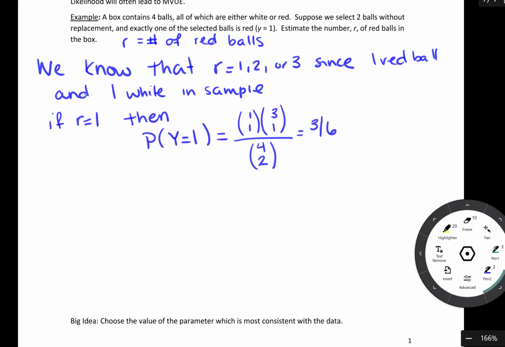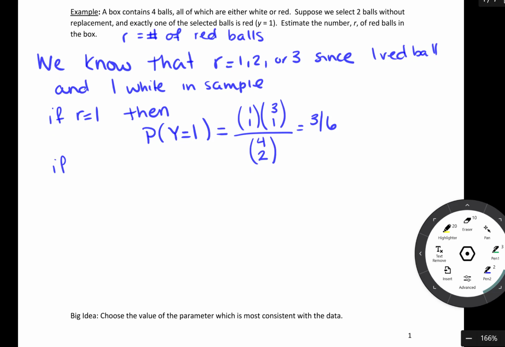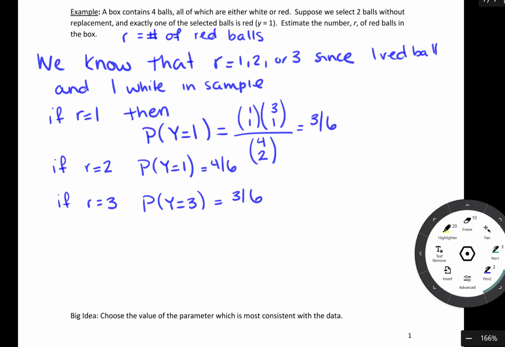And then we can do the same thing for if there were 2 red balls and if there were 3 red balls. Using the exact same method, if R is equal to 2, you would find that you get 4 out of 6. And if R is equal to 3, you would find that you get 3/6.